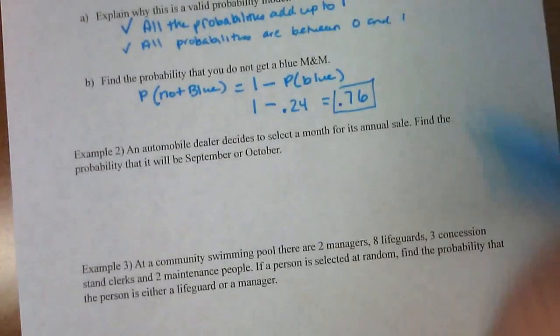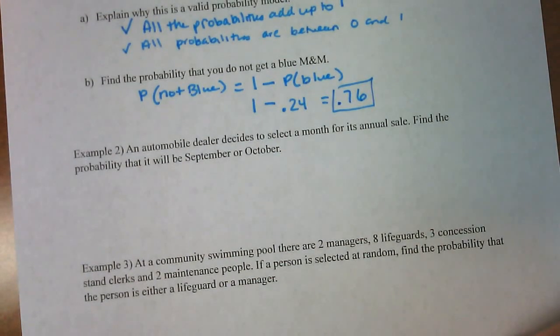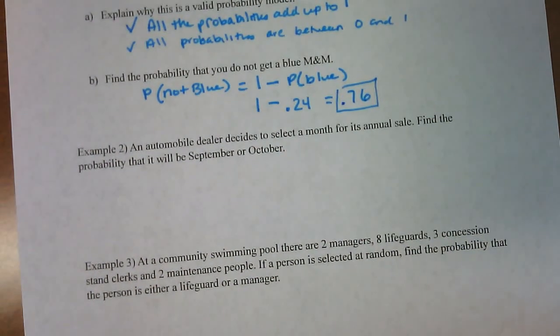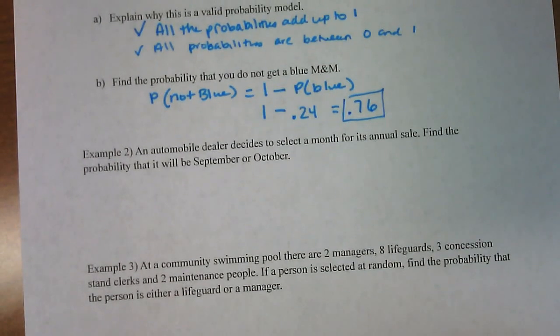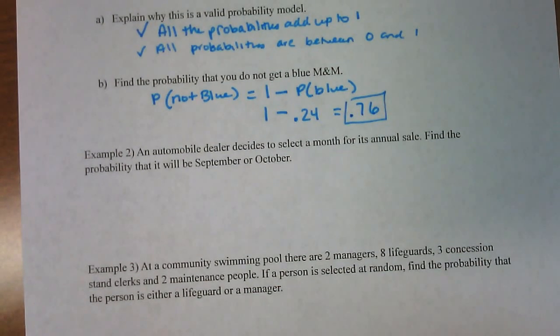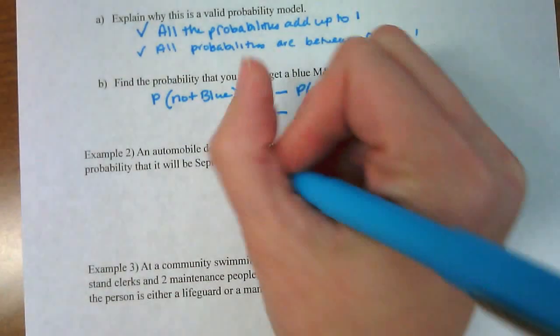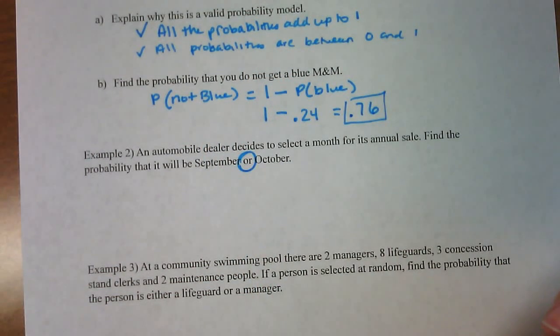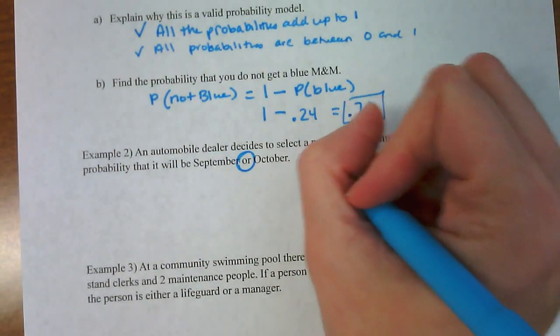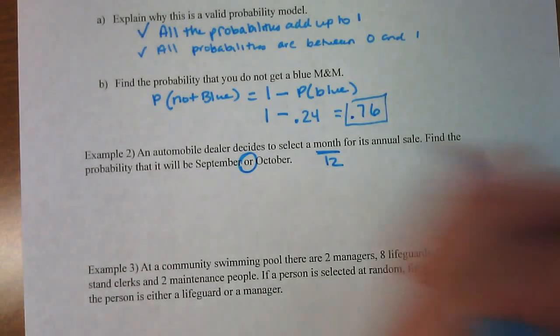Okay, example 2. An automobile dealer decides to select a month for its annual sale. Find the probability that it will be September or October. So when I have this or statement, I want to add the two probabilities together. So if we think about months out of the year, there's 12 of them.